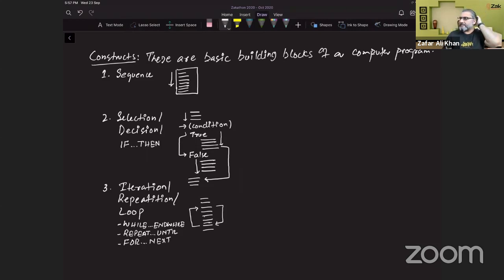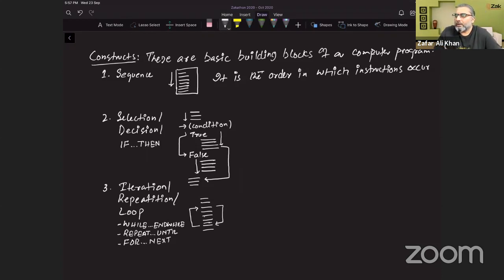Now, what is a sequence? It is the order in which instructions occur and are processed.